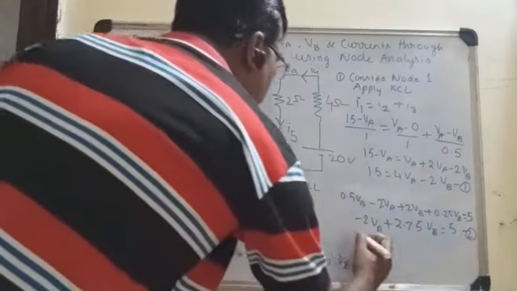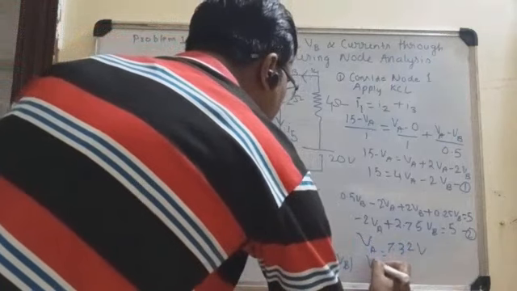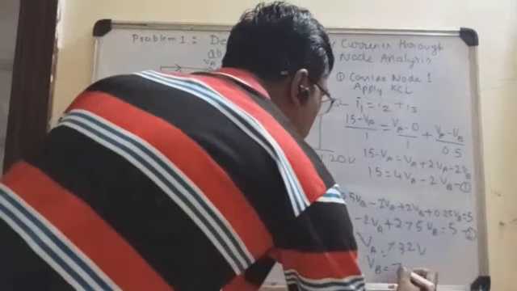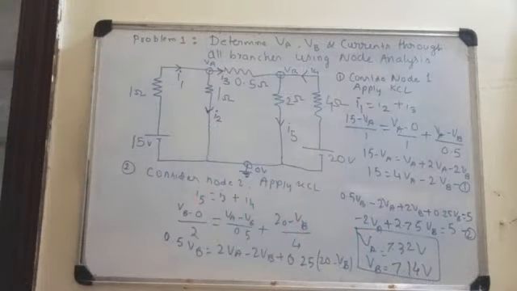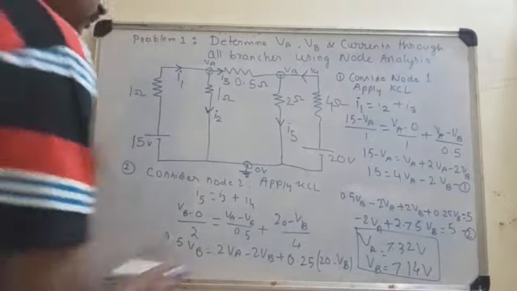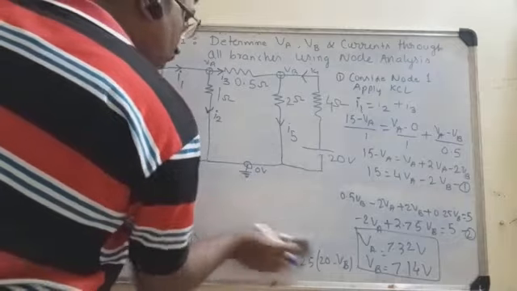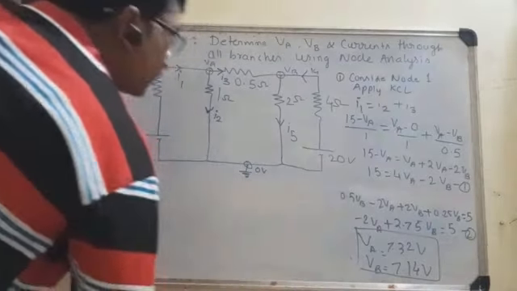I get VA is 7.32 volts and VB is 7.14 volts.